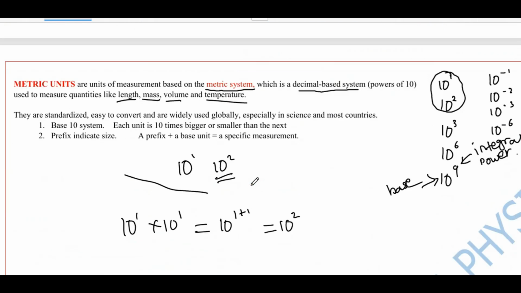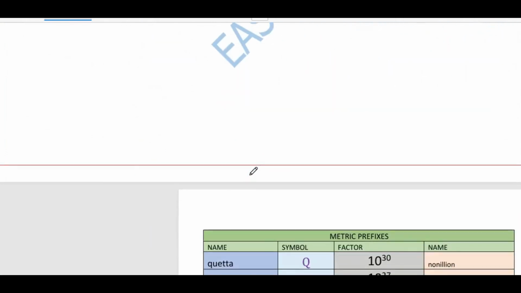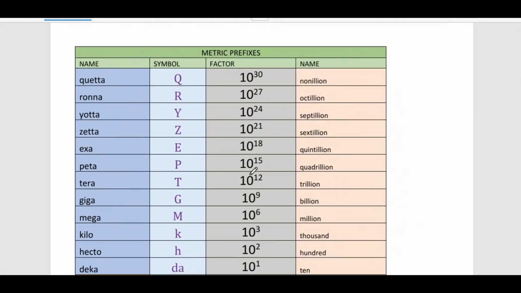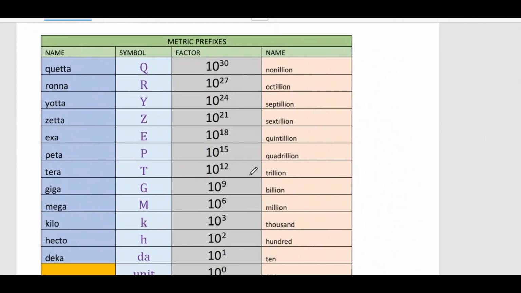Now let's check more about the prefixes that are used. Okay, here we have the name and the symbol. The symbol is very, very important. I start by highlighting that you can see from here all the way to this point, these are uppercase letters, but from k for kilo, this is a lowercase or a small letter.